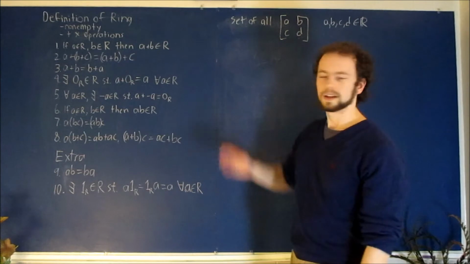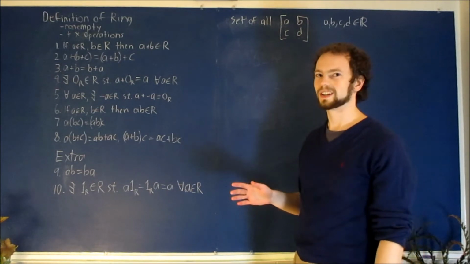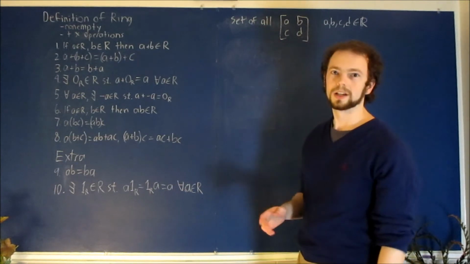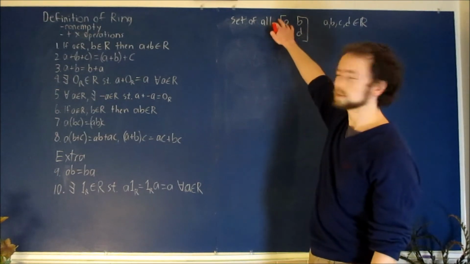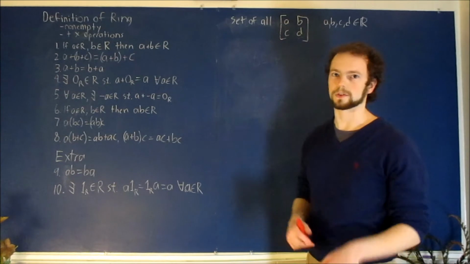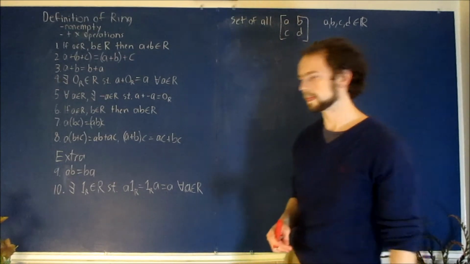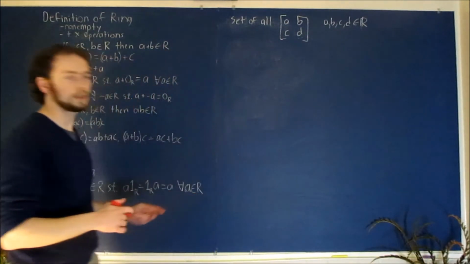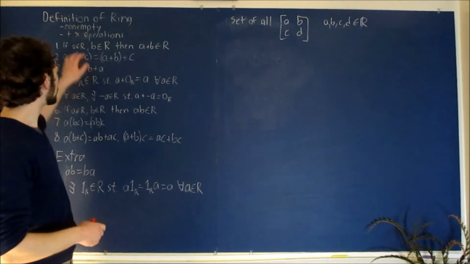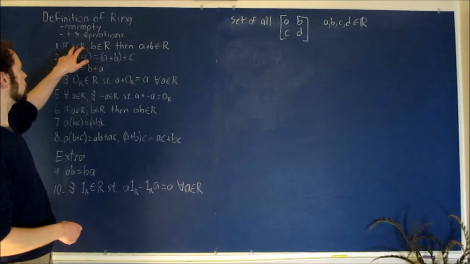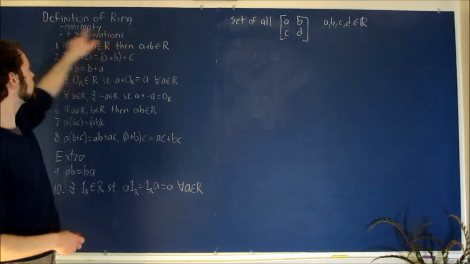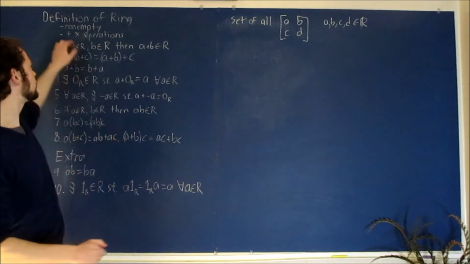So in this case, we're going to look at a ring where the elements are not numbers, but they're still related to numbers, because the elements of the matrices are still normal real numbers. Now if we're going through these axioms, something else I should say about this.